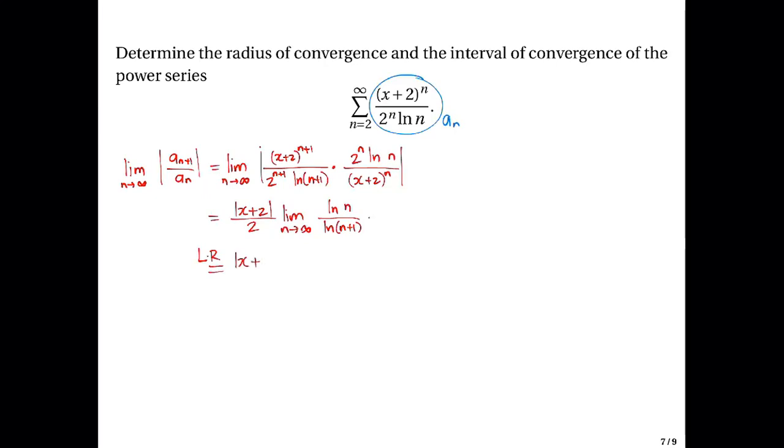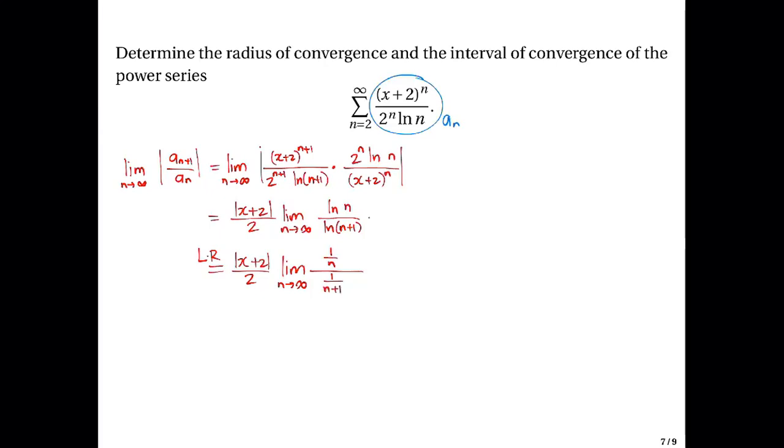So you have absolute value of x plus 2 over 2, and then the limit as n approaches plus infinity. So we use the L'Hopital's rule for this part. We'll have 1 over n for the numerator. For the denominator, you have 1 over n plus 1.